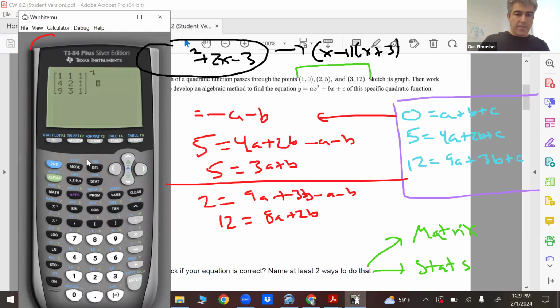Hit alpha, zoom, and you have one column instead of 3 columns. 3 by 1: 0, 5, 12. Hit enter. There you go. 1, 2, and -3. You check your work that way.